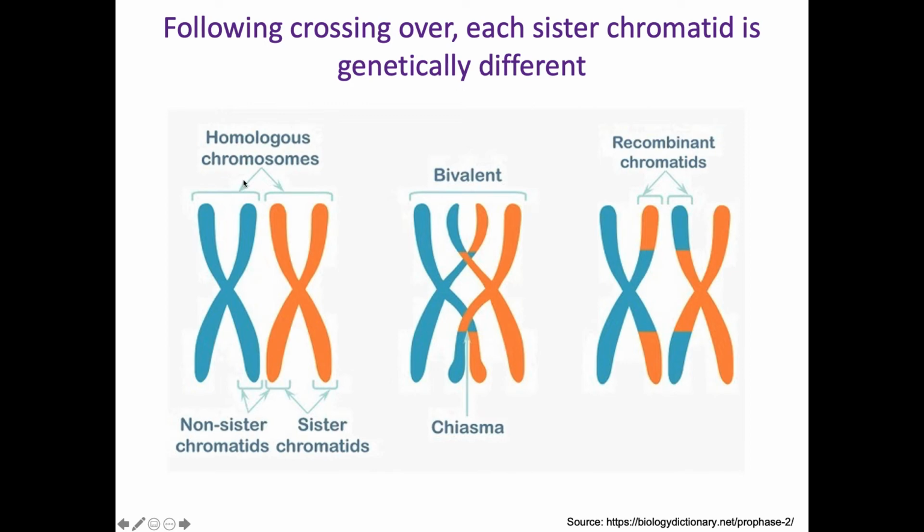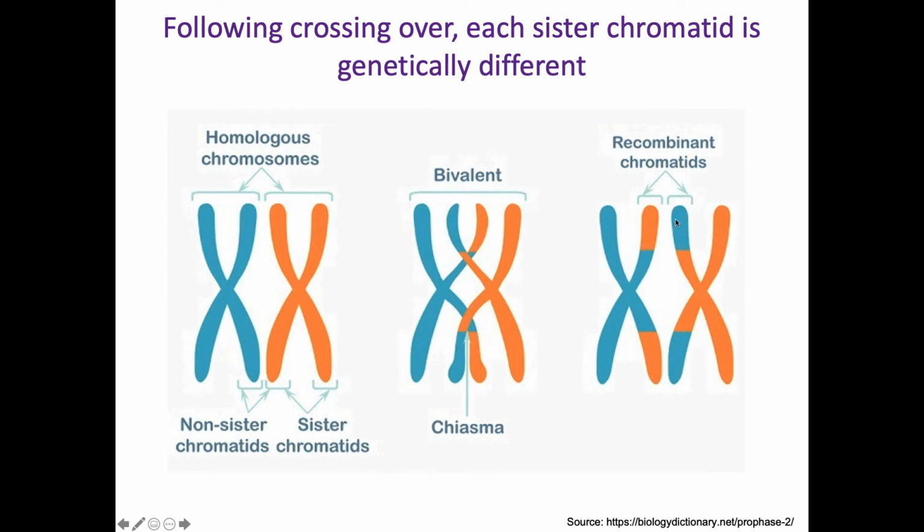You started off with 2 replicated homologs, and the 2 sister chromatids for each homolog were identical because they were generated through DNA replication. After crossing over, you have sister chromatids that have a mix of maternal and paternal DNA, and this means that all 4 chromatids will have different mixes of alleles and thus are genetically different from each other.